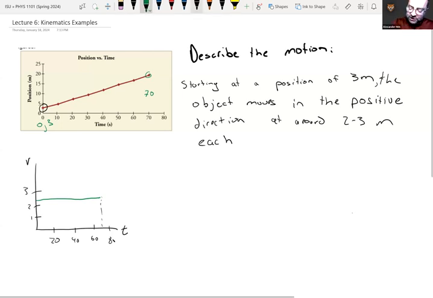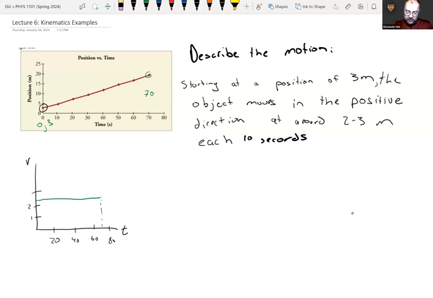I made a mistake. It's each 10 seconds, so be careful with that. It would actually only be 0.1, 0.2, and 0.3 if we have our velocity in meters per second. So between 0.2 and 0.3 meters per second is what's going on.